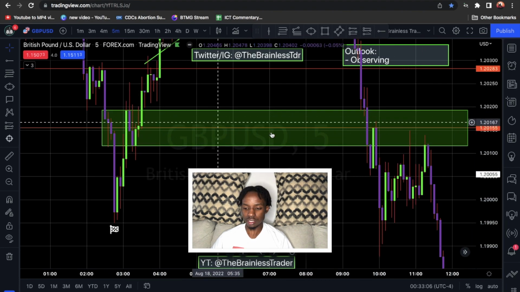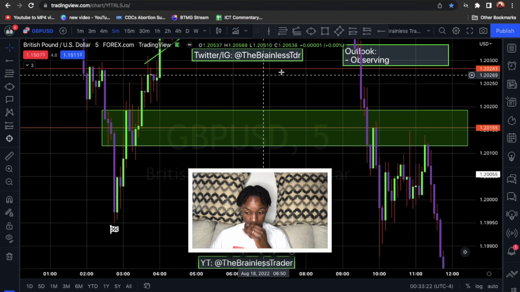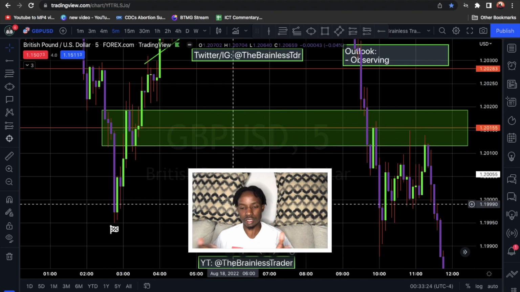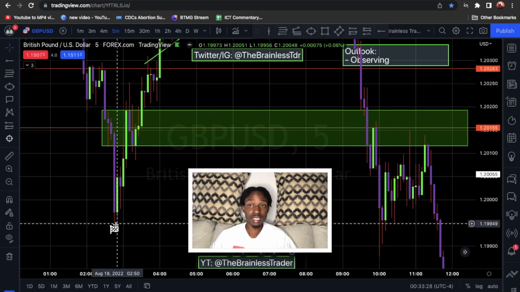Now let's talk about this zone here that I have tabulated. A lot of times ICT talks about looking at recent areas of accumulation on the opposite side of the market that you're targeting, right? So not the opposite side you're targeting, but the opposite side of the market that price is trading towards, I guess. So liquidity is here.